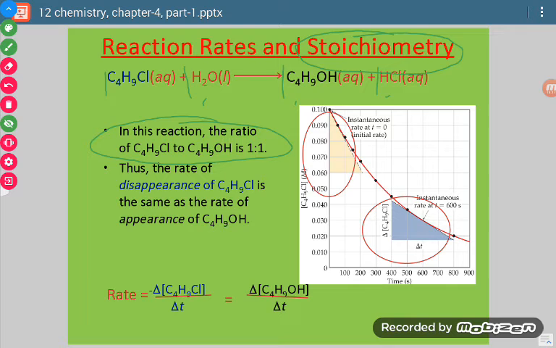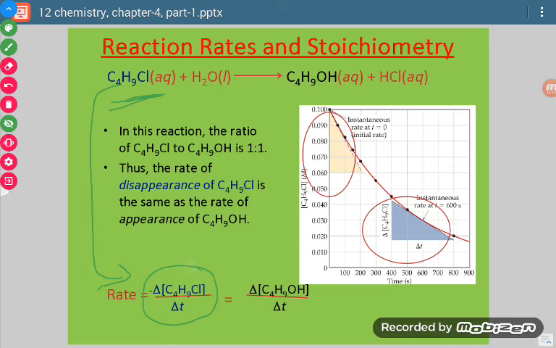There is a similar ratio. If there is a similar ratio, then when we have to express this in terms of rates, as we have said, we can calculate the rate of reaction by taking the concentration of any one of the reactants or any one of the products. If I take this for determining the rate of reaction, then I will write this.